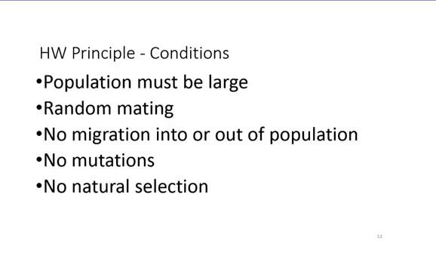Random mating, meaning there's no reason for a mate to select one individual over another. The opposite is like bears fighting each other, and the strongest bear in the woods gets to mate. In this case, everybody gets to mate. It's completely random. No migration into or out of a population. There are no new individuals coming in, none leaving, and so no changes in that way.